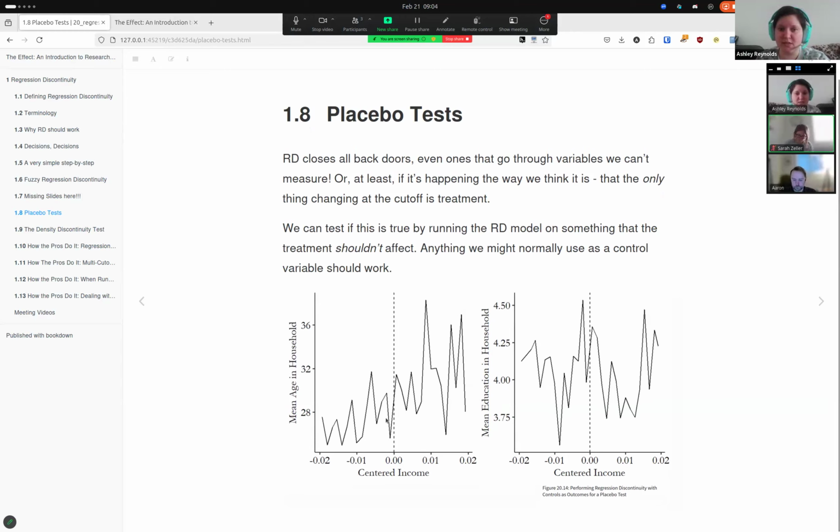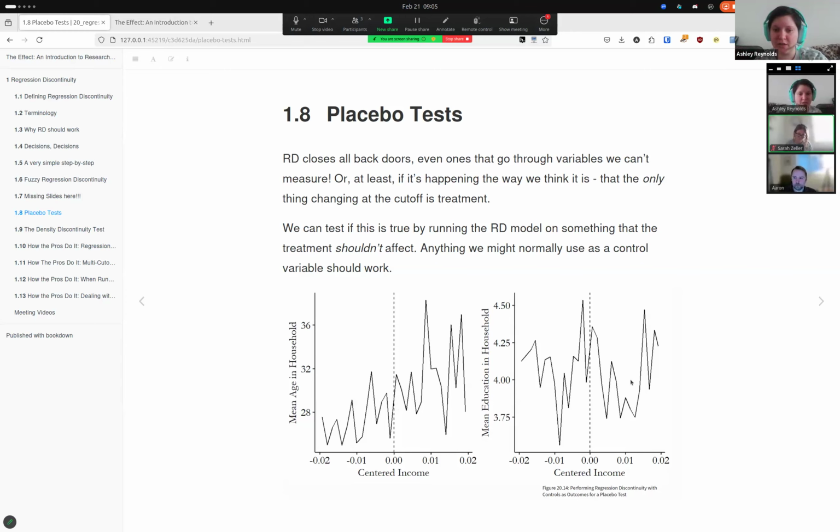And we can see that there is no noticeable jump in the mean outcome in either of these examples, and these are both indicators that everything is happening the way we think it is. Regression discontinuity is fine. We're not going to run into any issues with these particular analyses.